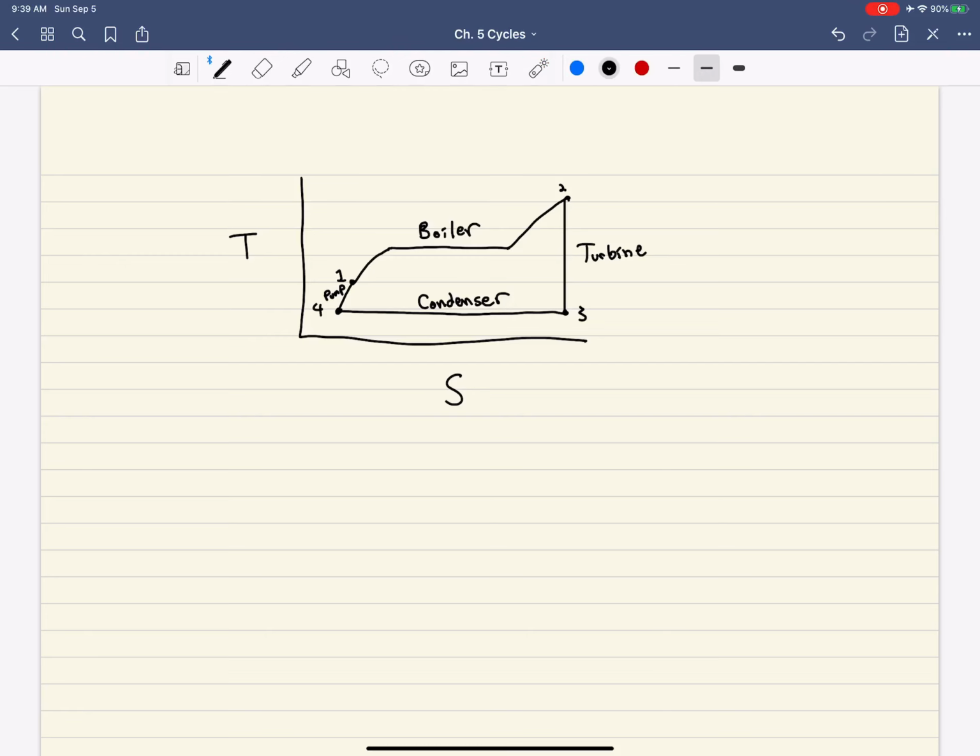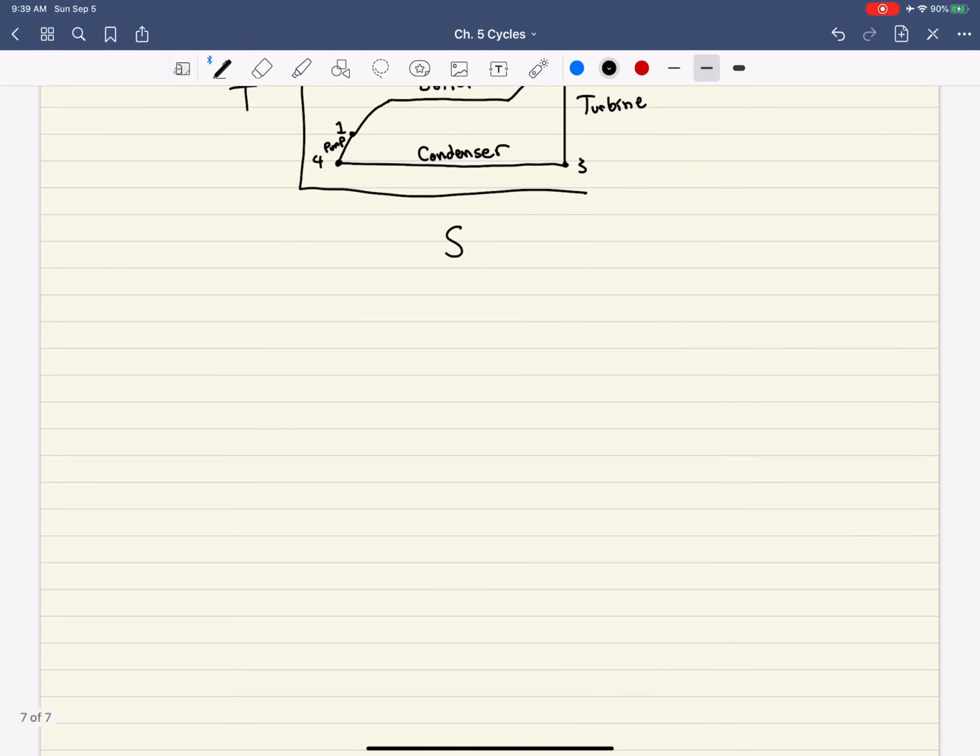In terms of efficiency of the Rankine cycle, what we want to take is essentially the total work for the process. And so the work of the turbine, which I call WS, is going out of the system.